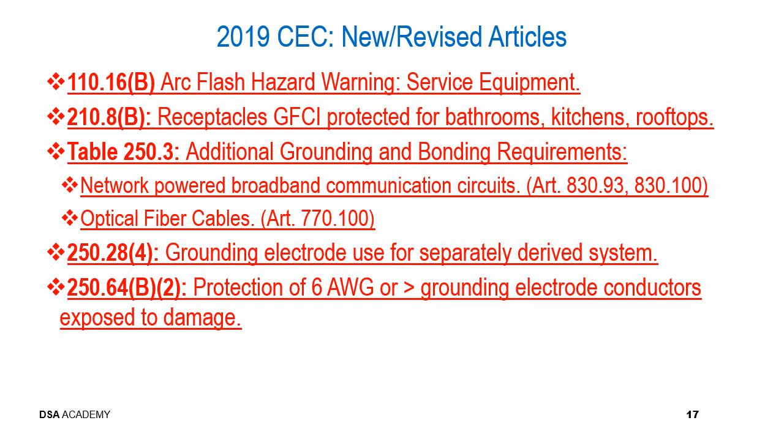Also, Article 250.284, grounding electrode use for separately derived systems, and Article 250.64b2, protection of 6 gauge or greater grounding electrode conductors exposed to damage.